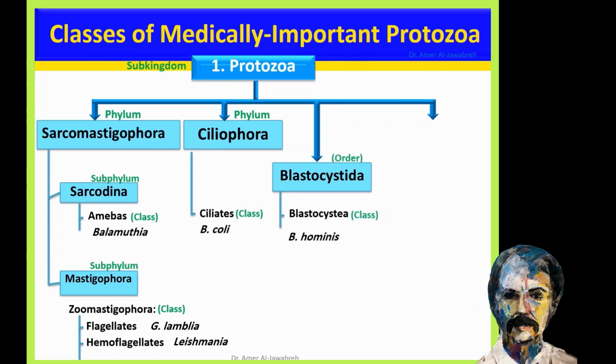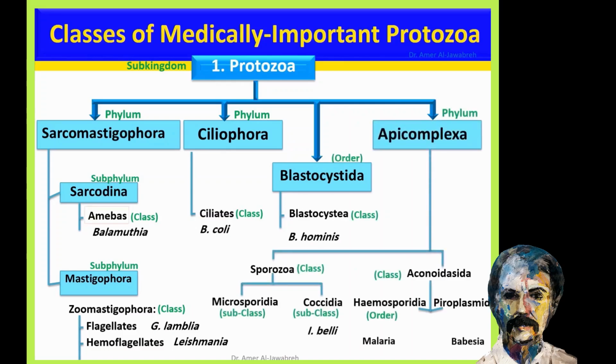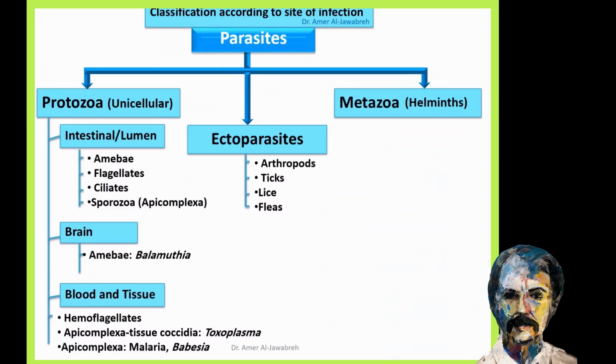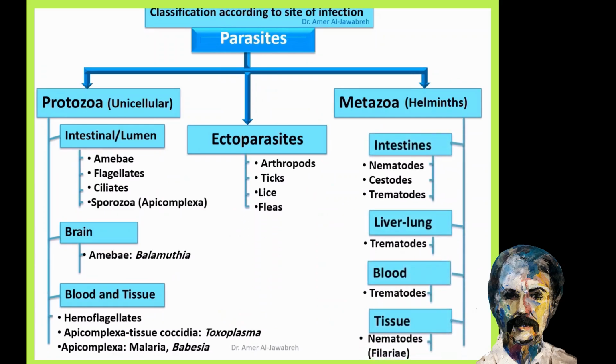Still we are in amoebas, Sarcomastigophora and Sarcodina. Then to the sites of infection flow chart. This one, we are in the brain area, amoebas, Balamuthia.